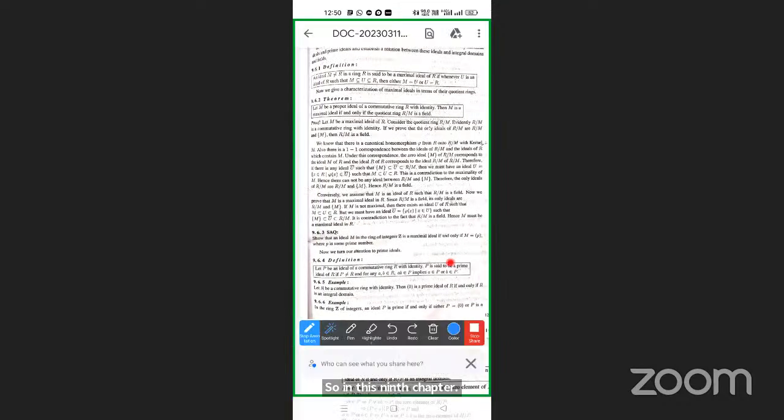So these are from the ninth chapter. In this ninth chapter, this is a very, very important question: the theorem that R by M is a field.